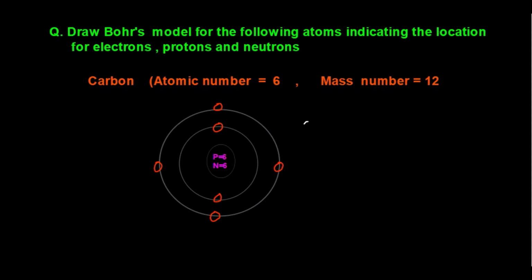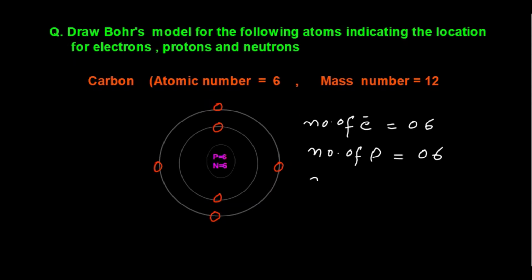Now we know how many electrons are present in the carbon. In the carbon, number of electrons are 6, and number of protons are also 6. Then how can we calculate the number of neutrons?